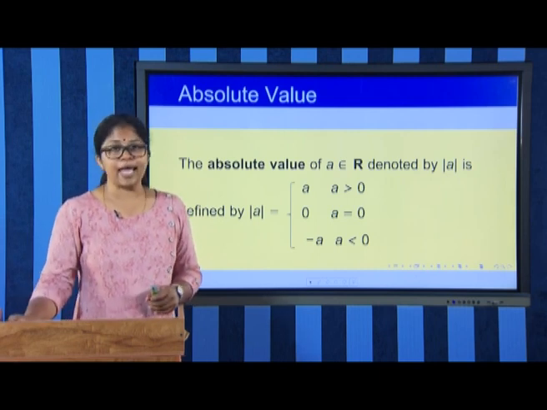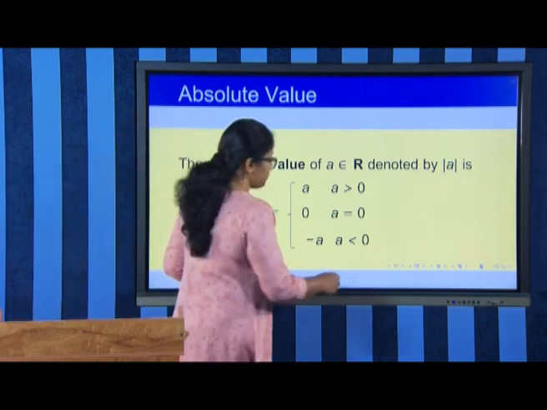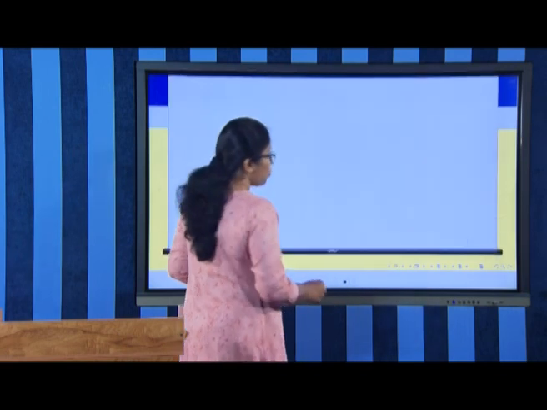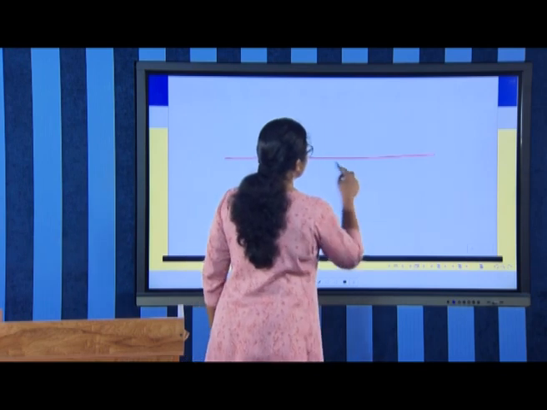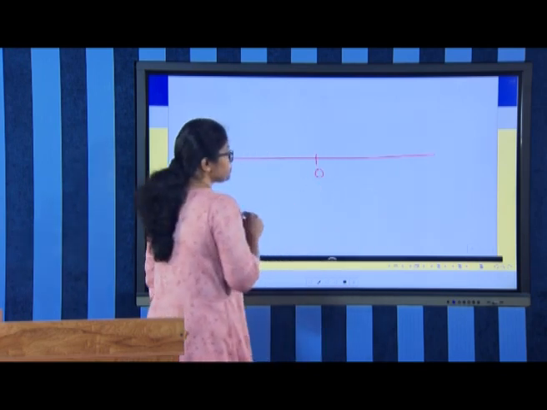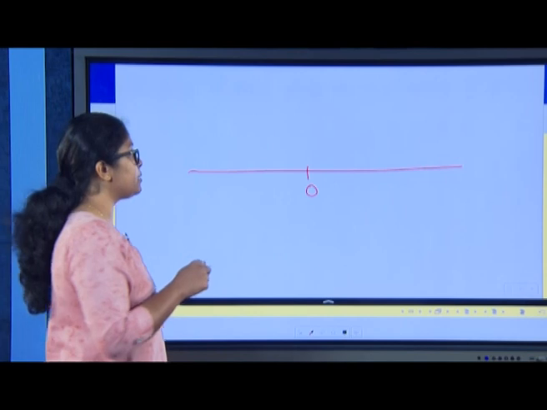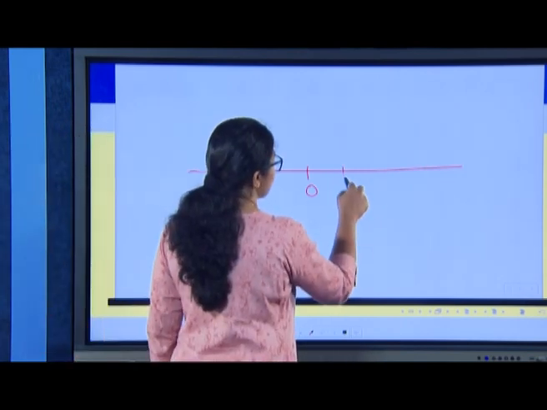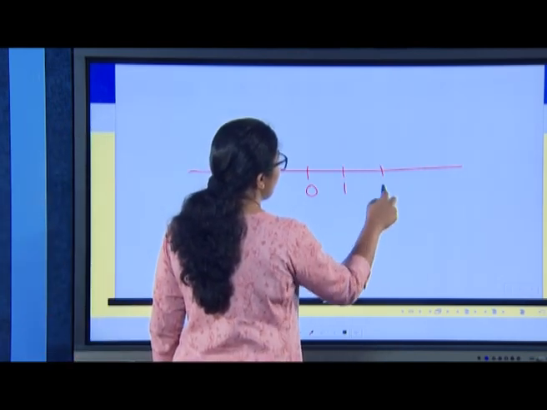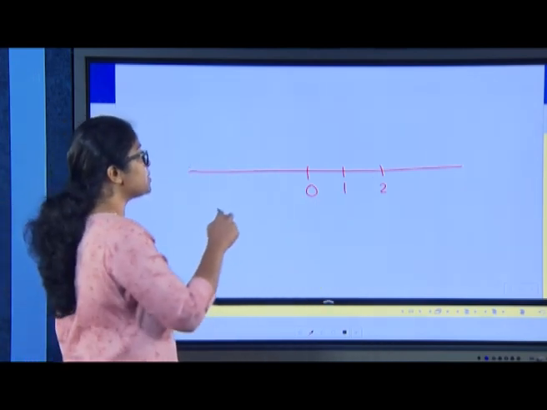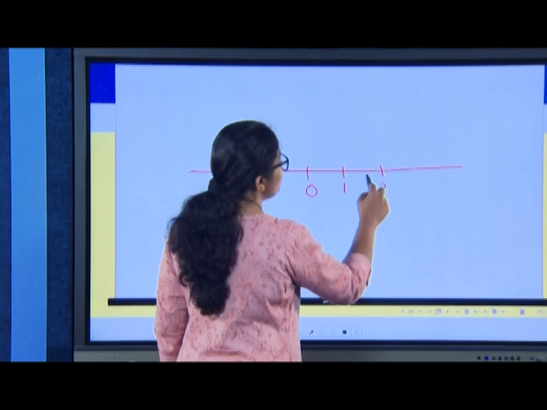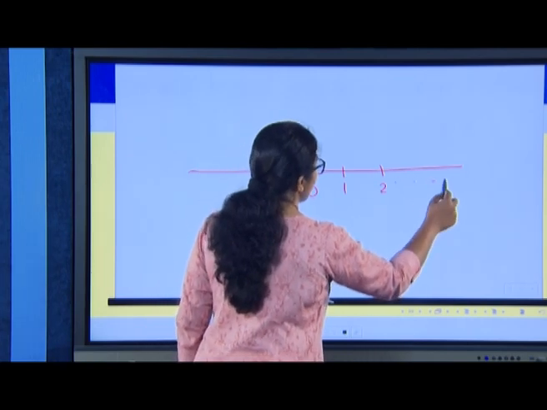So, we can see that the real number system can be arranged on a straight line where you have 0 in the middle, and all the positive real numbers on the right side of zero. That means here you have 1, 2, and in between you have all the real numbers between 0 and 1, between 1 and 2 and likewise.